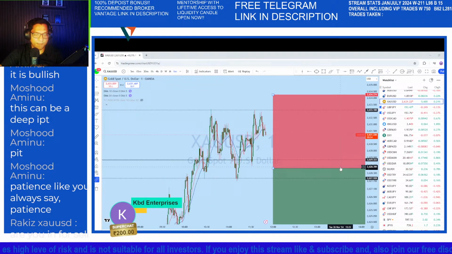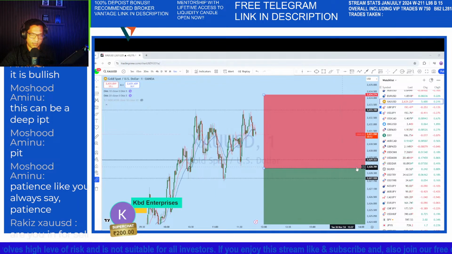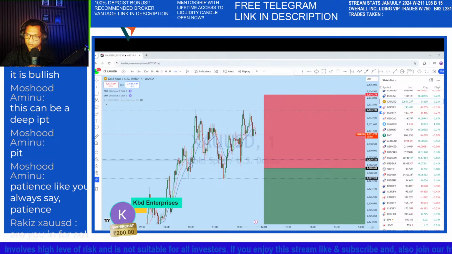We see a little gap open, which might lead the price back towards the downside here.